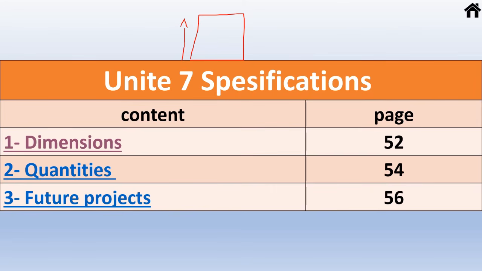Okay, this is high as an adjective, height as a noun, length or long. Okay, this is width or wide. And finally, this is depth or deep.